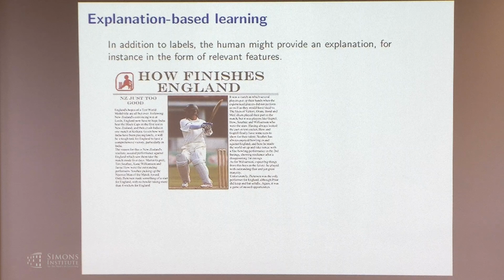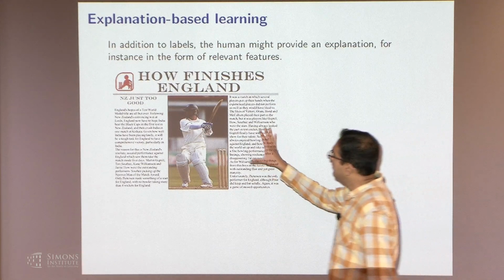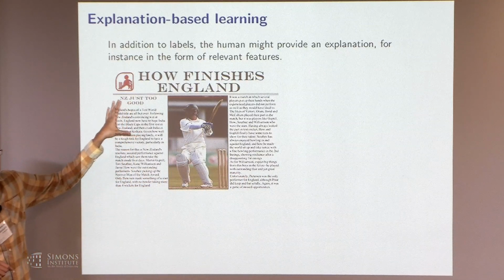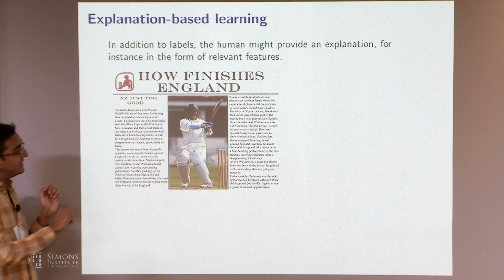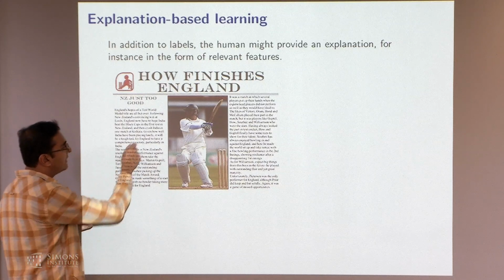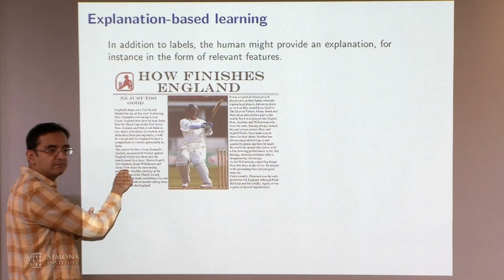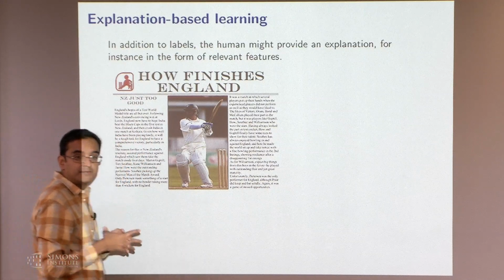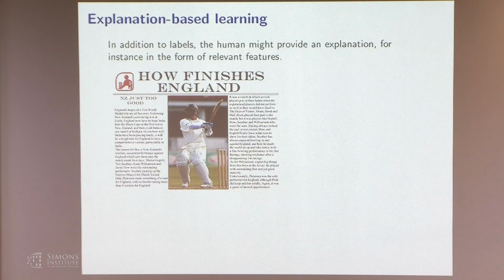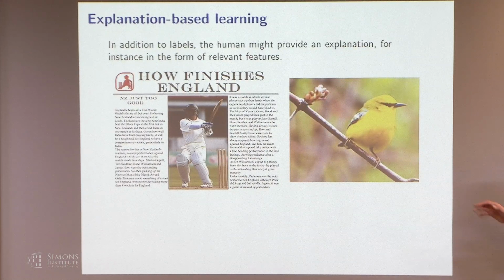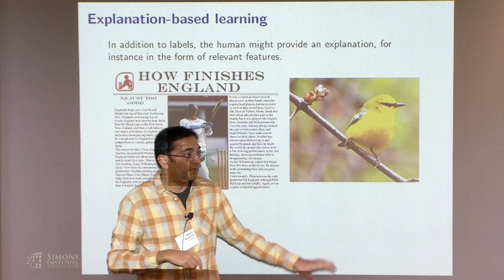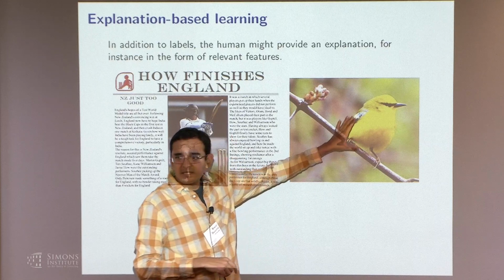So here's an example. The expert is asked to annotate a document, looks at the document and says that's sports. In addition, since the human has read the document, he also highlights a couple of words, like wicket keeper, that are highly indicative of the document label. Or a computer vision system gets the latest photo uploaded by a bird watcher and says, oh, look at that, that's a canary.